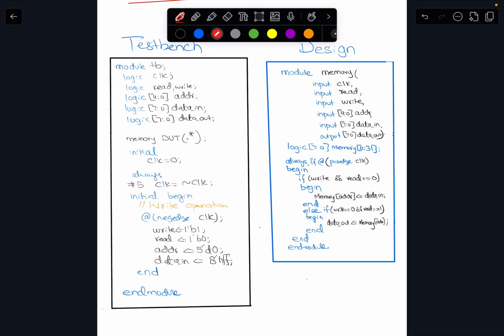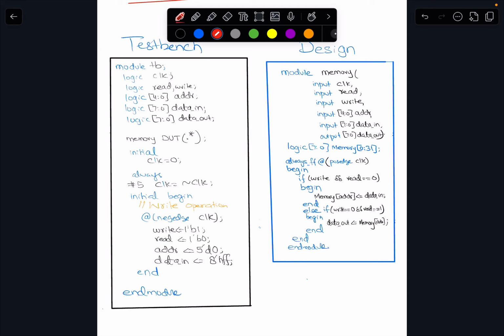Then you have a sequential block, always at positive clock, and you check if write is high and read is equal to 0, because it's a single port memory. So memory at address is equal to data, whatever address is there, you just write the data at that memory address. And if write is equal to 0 and read is equal to 1, then you get the data at that particular address. So this is your design.